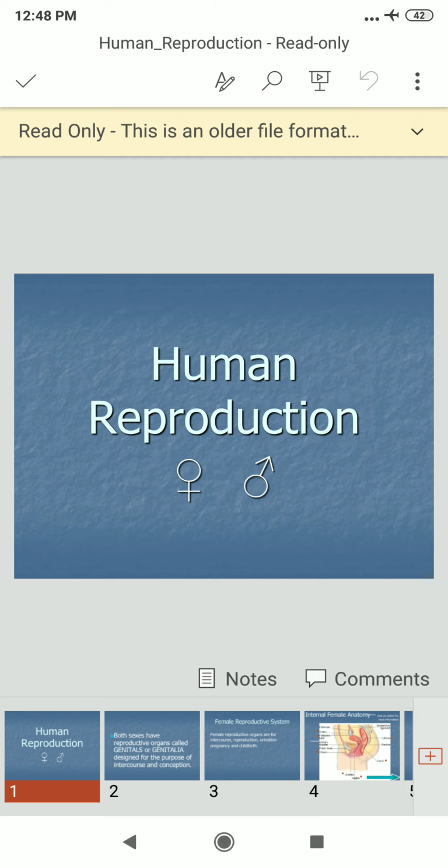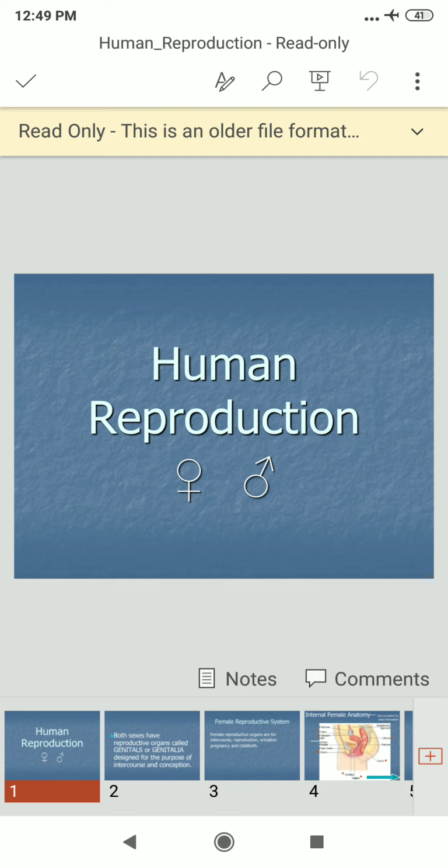The major events during the reproductive period include gametogenesis, that is formation of haploid male gametes, the sperms, and female gametes, the ovum, and copulation and the transfer of sperms into the female reproductive tract, followed by fertilization leading to the formation of a diploid zygote.